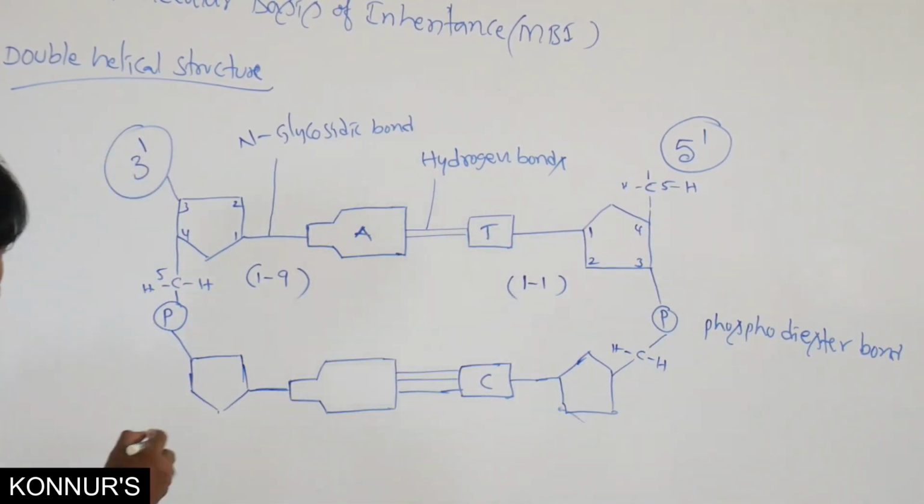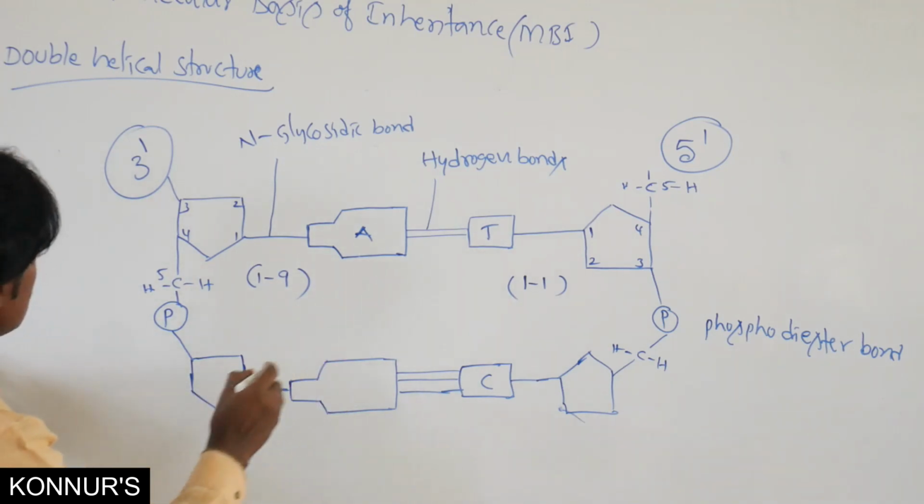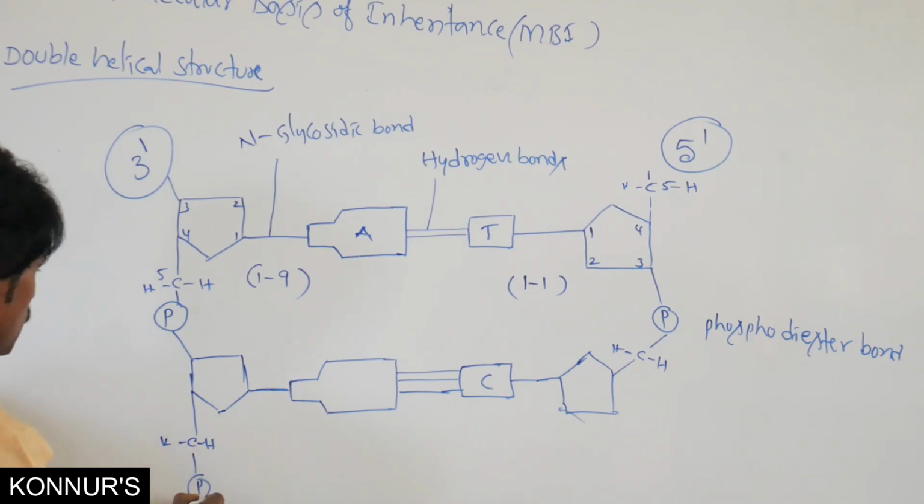Similarly all. Here also one more, 1, 2. Like this it is moving on. One more fifth carbon is connected to a phosphate group.